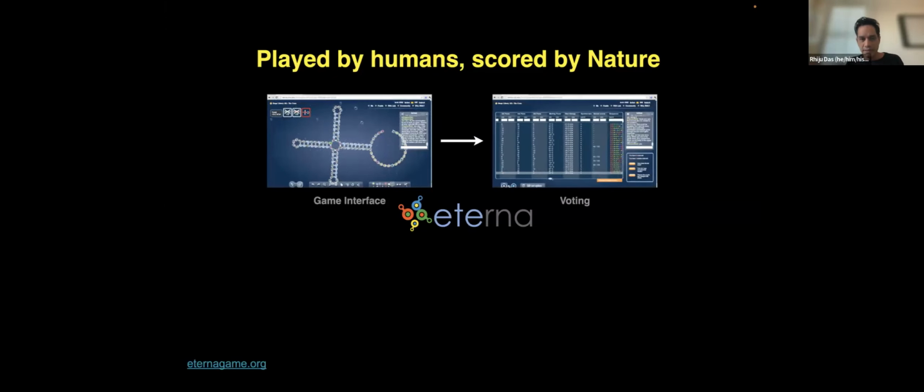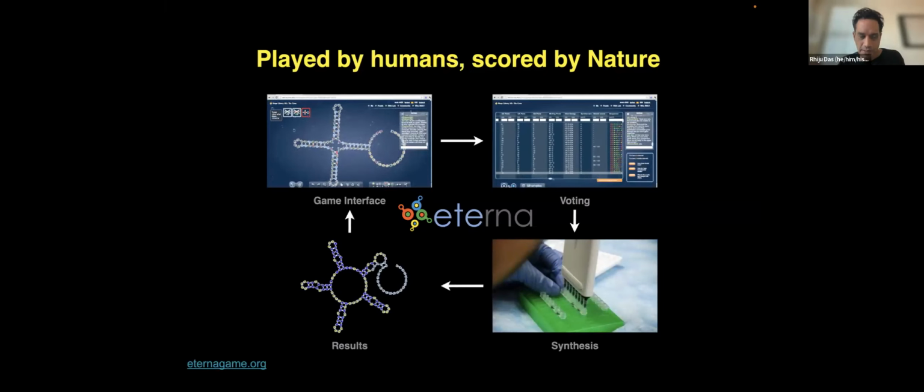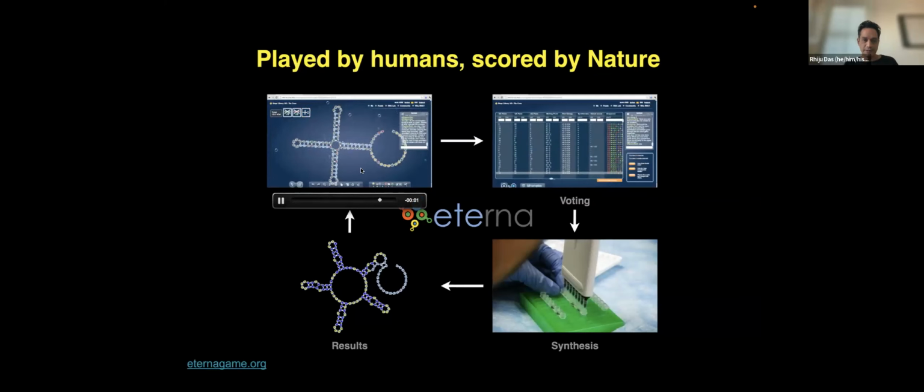And then this community, they publish these sequences, they vote on which ones they like best, and we take the top ranked sequences, or sometimes all the sequences, and synthesize them in our lab. And then we and our colleagues have invented high throughput methods that let us characterize whether they have the structure or function that we ask for, and then those data go back into the video game for the next round of puzzles or the next problem.